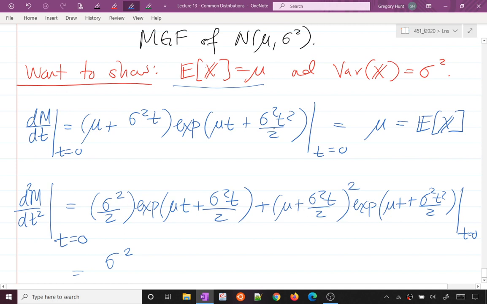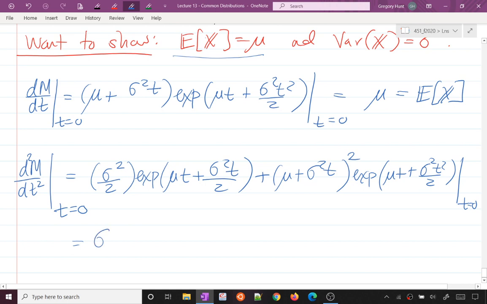I brought down a 2, so it cancels. Okay. So that should just be sigma squared t. Check my derivatives, people. Sigma squared t. Okay, so I get a sigma squared times 1, so that thing turns to 1 when t is 0, and this becomes mu squared. So it's mu squared plus sigma squared.